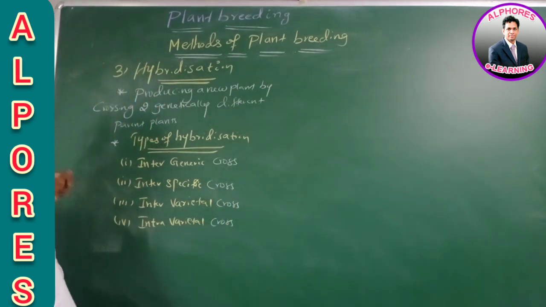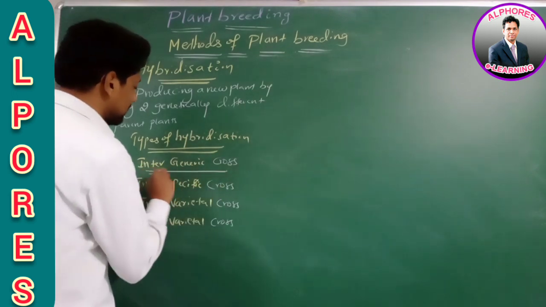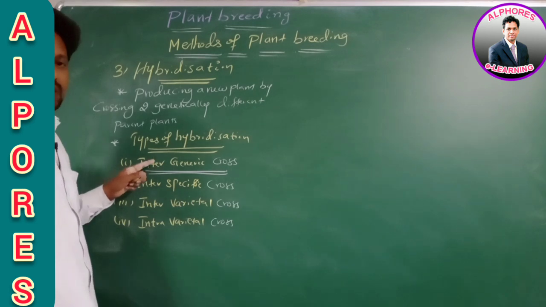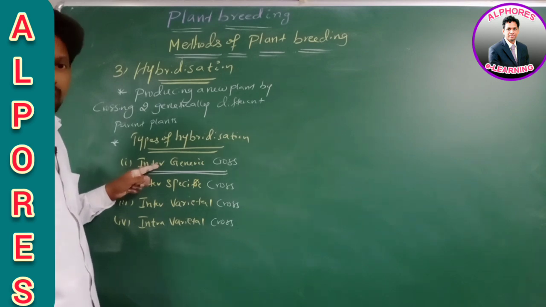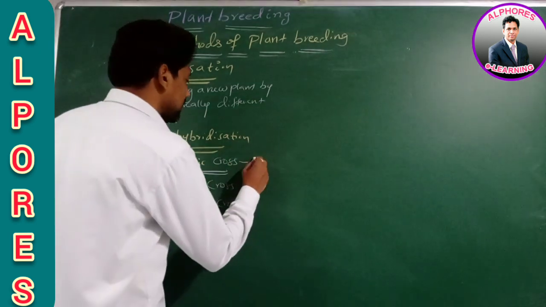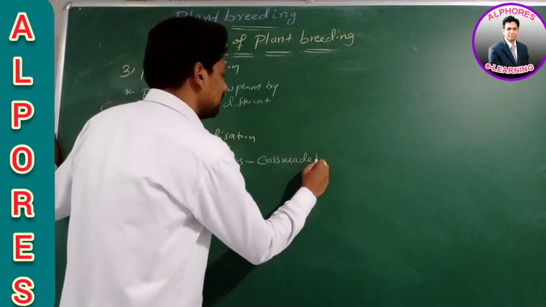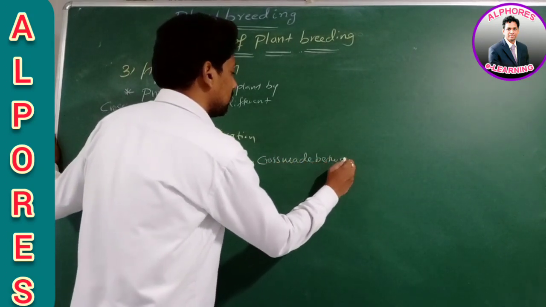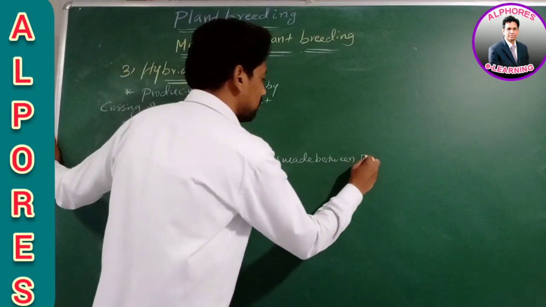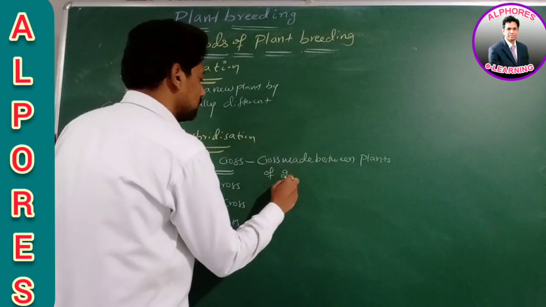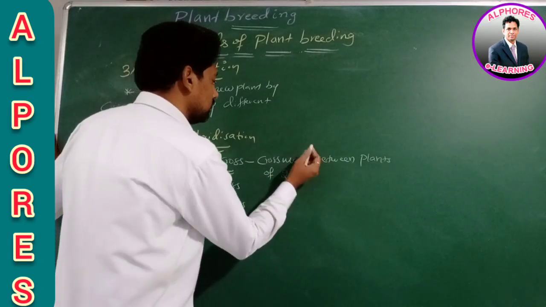What is the first one? Intergeneric cross. The name itself indicates inter, in between. It means a cross is made between plants belonging to two different genera.